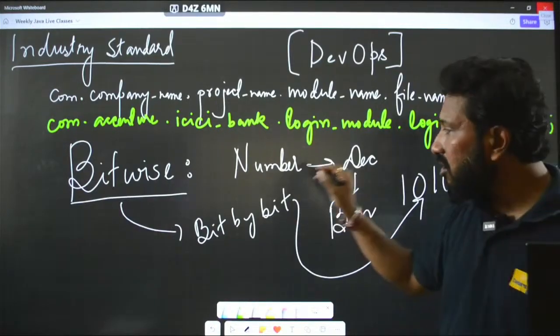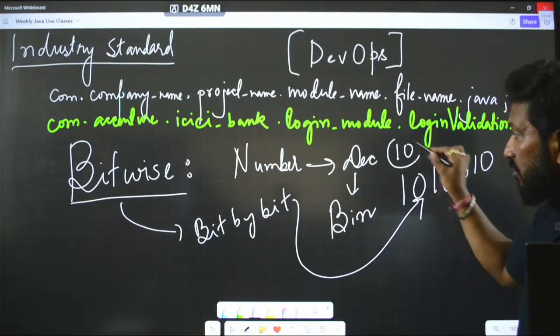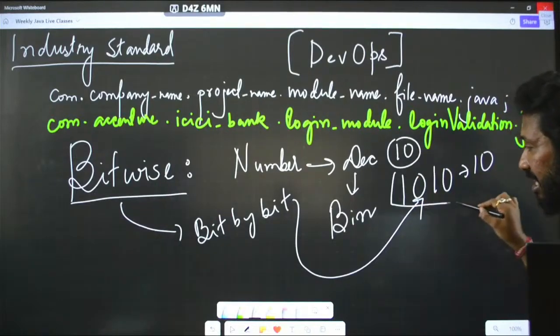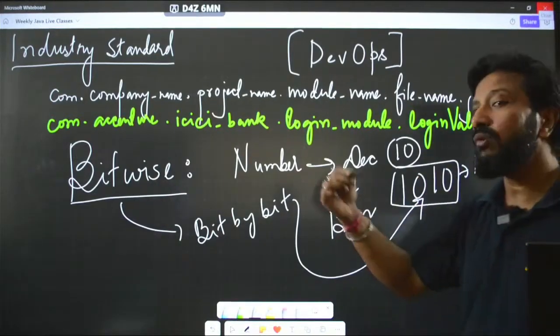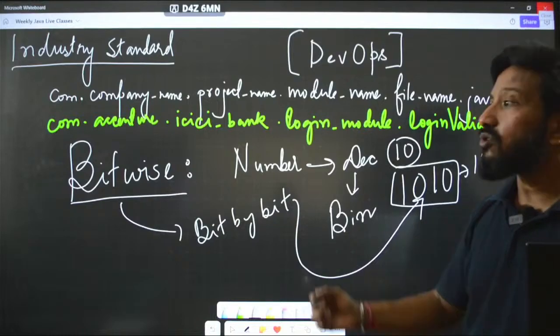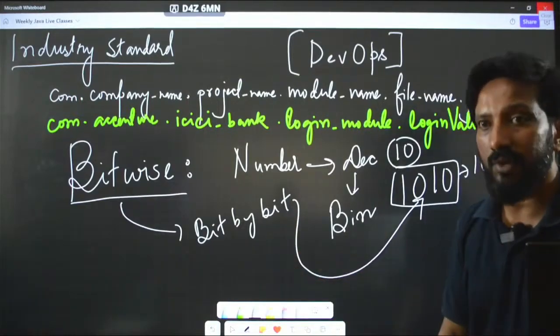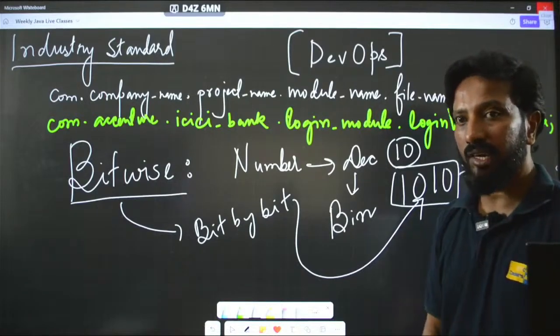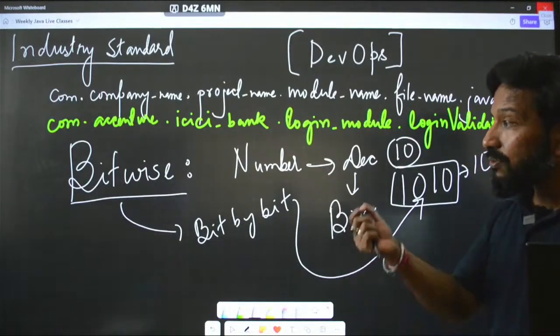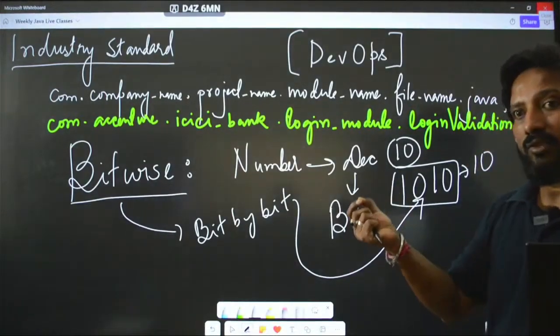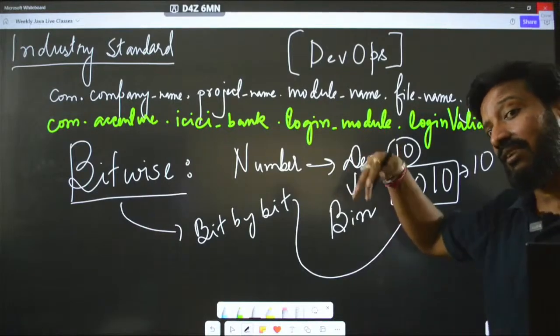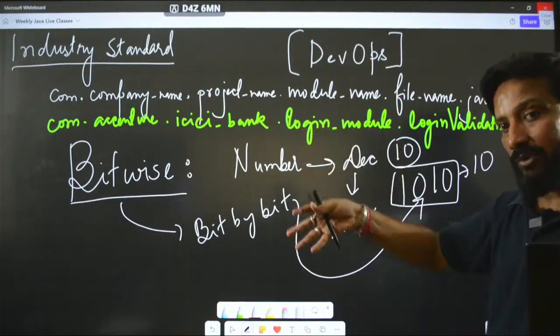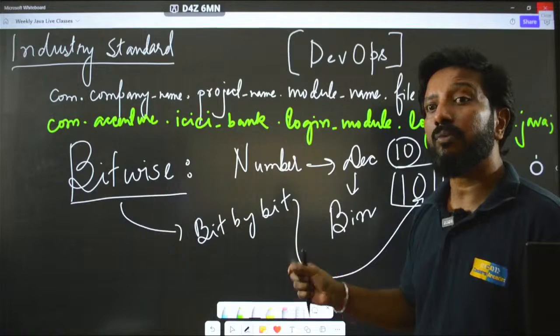It doesn't work on the number 10, it works on the binary version of that number 10, and we do some operations. Those operations are known as bitwise operations. That's why the operators are also known as bitwise operators. Because we do bit by bit operations on a decimal number that is converted to binary in the backend, that's why it is known as bitwise operators.